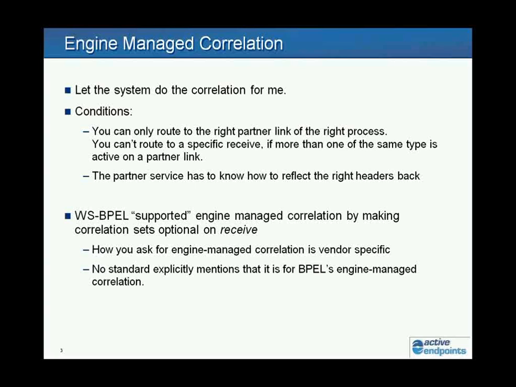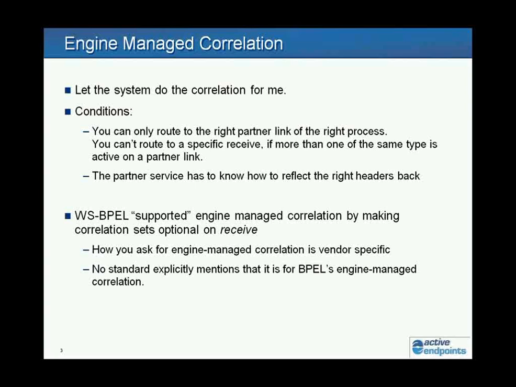there was a push, and I was to some degree pushing myself, for the BPEL TC to accept this concept that the system might do correlation for you. And all that we needed in the spec was that the correlation sets are optional, so that you can have a receive without saying anything about how it decides what message it's going to listen to.